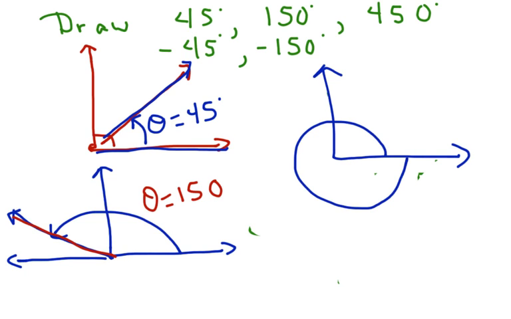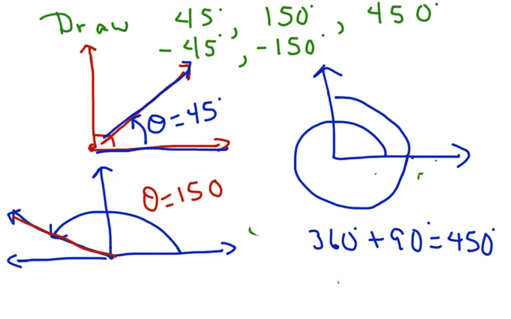There's 360 degrees in a circle. I just made a complete circle. Now I have to add another 90 because 360 plus 90 equals 450. Those are degrees, so I'm going to include 90. So my theta is 450 degrees.